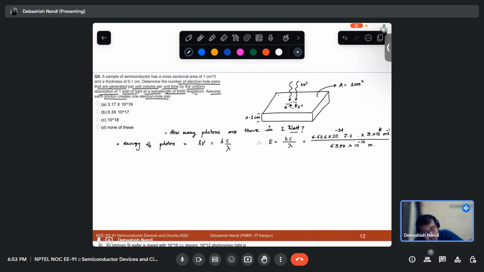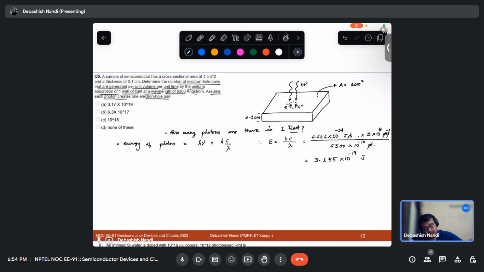Okay. Meter cancel. Second inverse second cancel. So I will get, if I calculate this, 6.626 into 10 raised to minus 34 into 3 into 10 raised to 8 divide by 6300 into 10 raised to minus 10. So I will have 3.155 into 10 raised to minus 19 joules of energy.